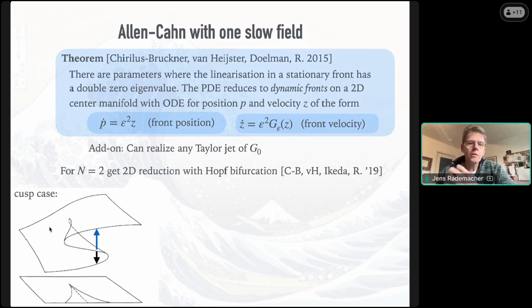These are coefficients or some of the parameters I've mentioned before. And the vertical direction here can actually be interpreted as the z. So it's the speed. So on this side here, we always have one front with one chosen velocity. But then when we go to this side, we have actually 3. There's 3 fronts, 3 front equilibria, and they have different velocities.